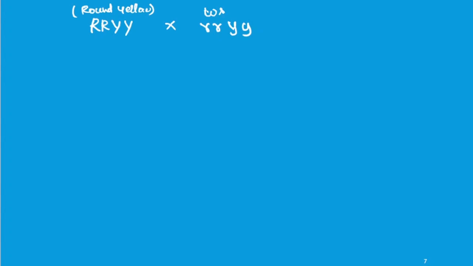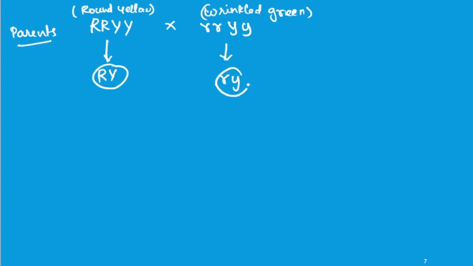So these two are parents. Round yellow is going to produce a gamete, capital R, capital Y. Wrinkled green is going to produce a gamete, small r, small y. When these two gametes fuse together, what will be produced in the F1 generation? Capital R, small r, capital Y, small y. This is your F1 generation.